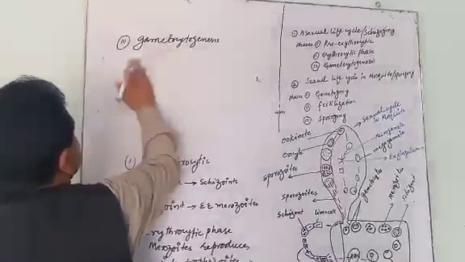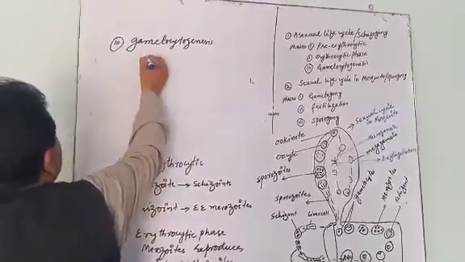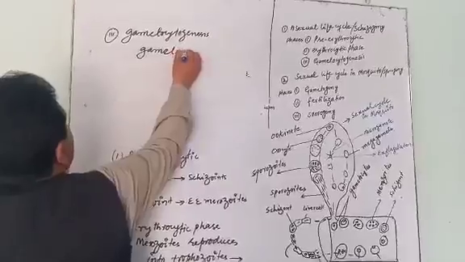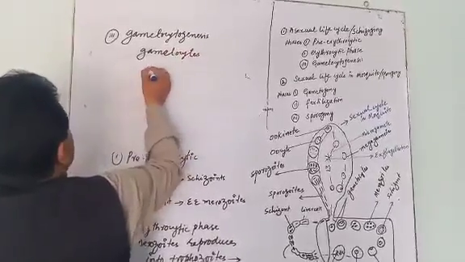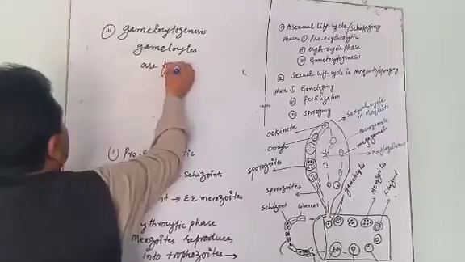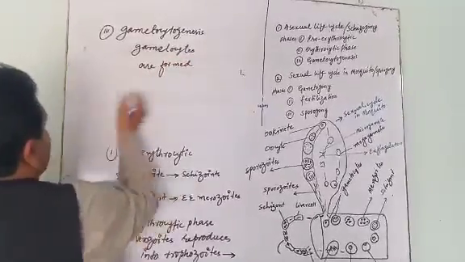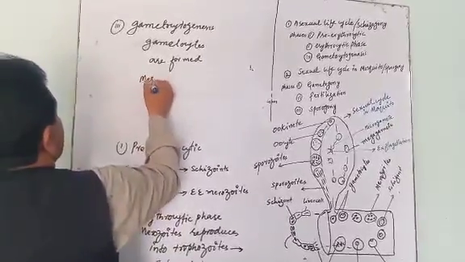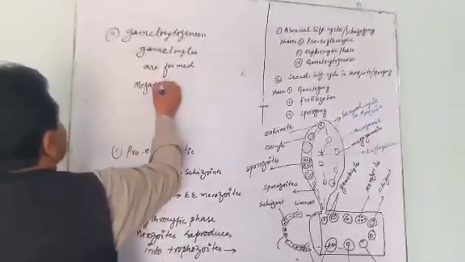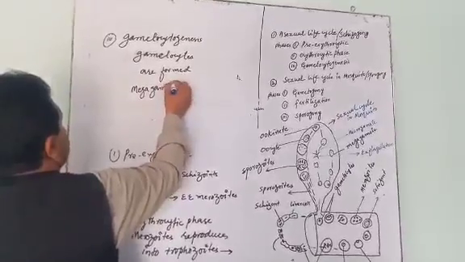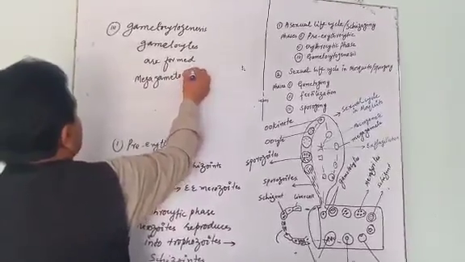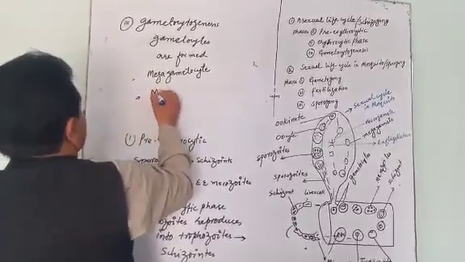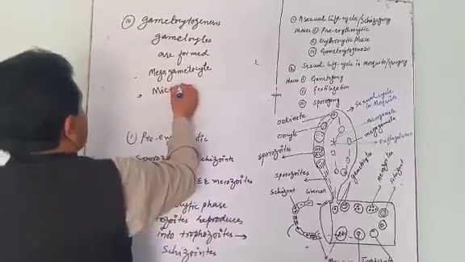What happens in gametocytogenesis? Gametocytes are formed. Which gametocytes are formed? Mega gametocyte and micro gametocytes.